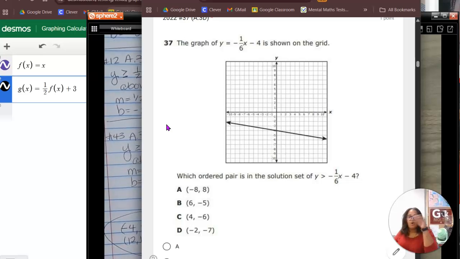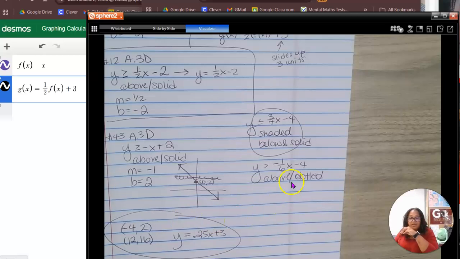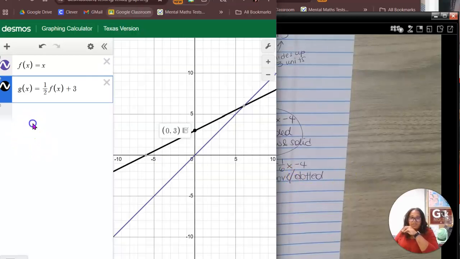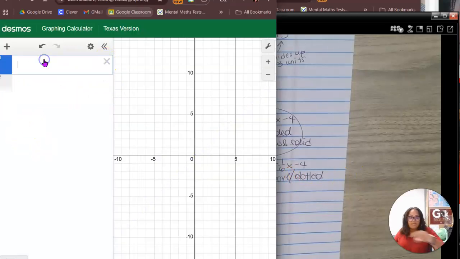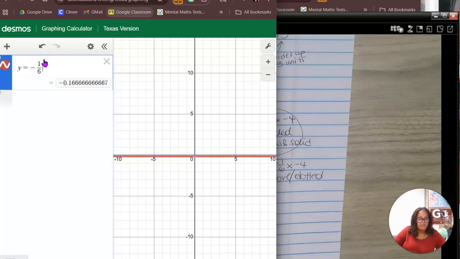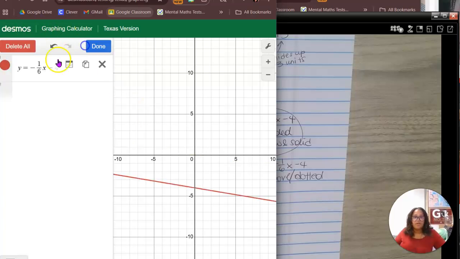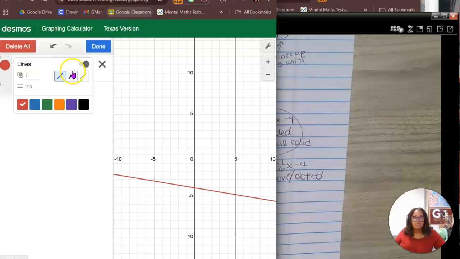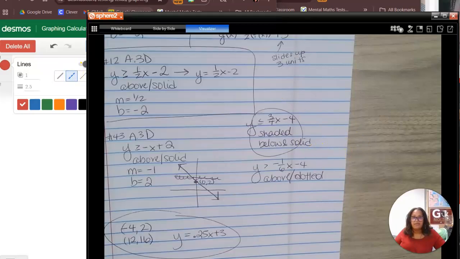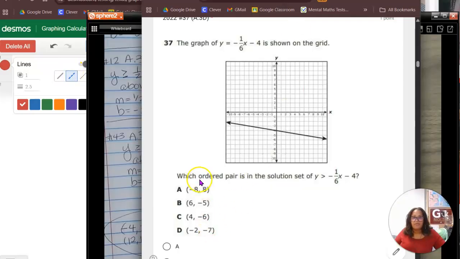Above and dotted. So my answer cannot be on that line. It's above and dotted, so come to Desmos. Type it in as a regular equation. Y equals negative 1/6x minus 4. Make your line dotted. And then check out those coordinate pairs.